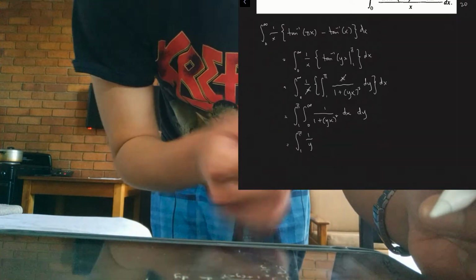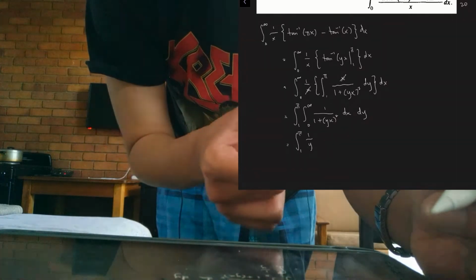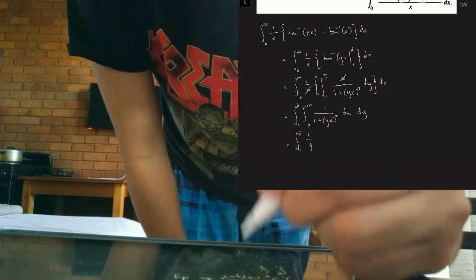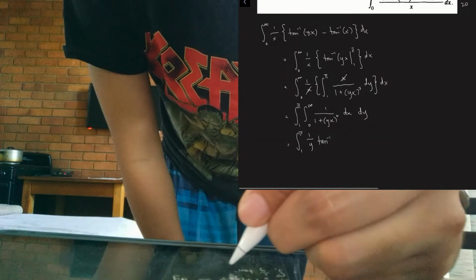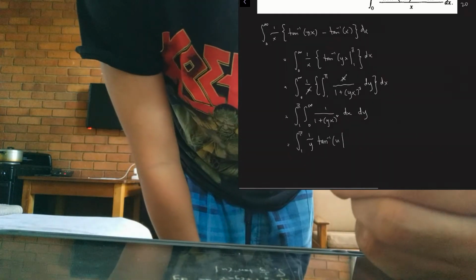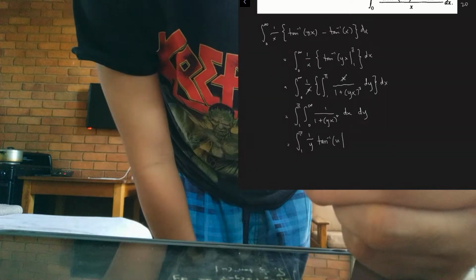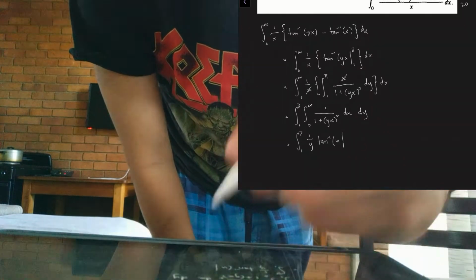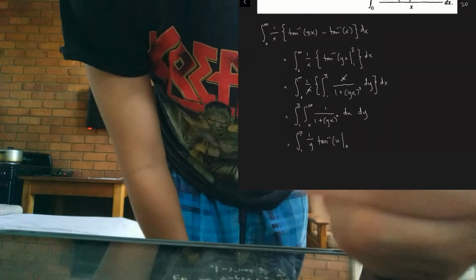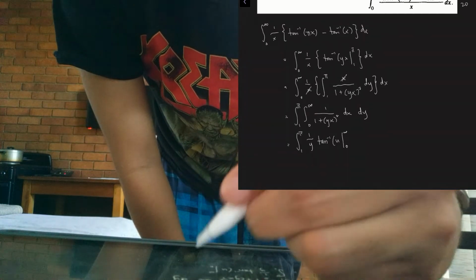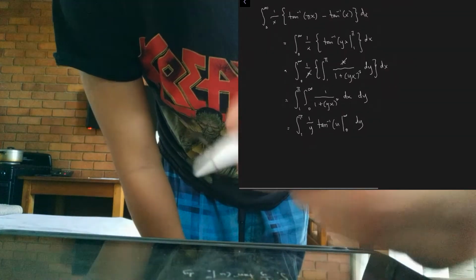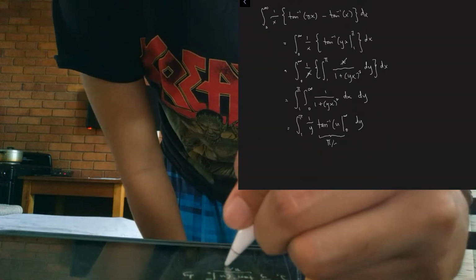The integral of 1 over 1 plus u squared is arctan of u, evaluated at: when x is 0, u is still 0; when x is infinite, u is still infinite. And then you have dy. When u is infinite, arctan is π over 2, and arctan of 0 is 0. So this whole thing is just π over 2.